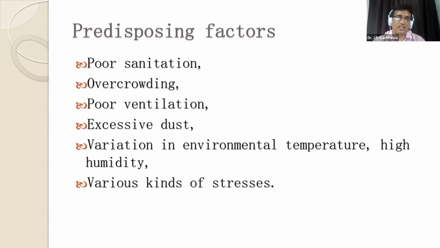Due to the compromised immunity, there are chances of flaring of this disease in the animals. Other kinds of stresses are also there, like pregnancy stress, lactation stress, or nutritional stress, where the animals are not getting proper feeding. These stresses also provoke the disease.